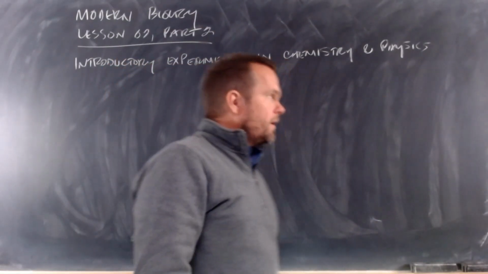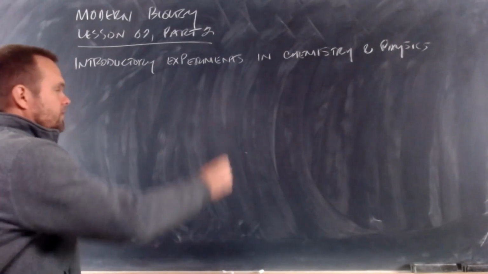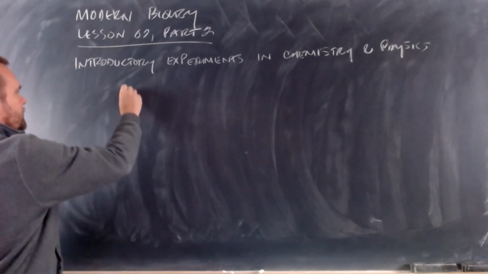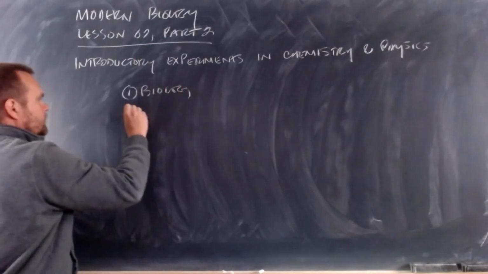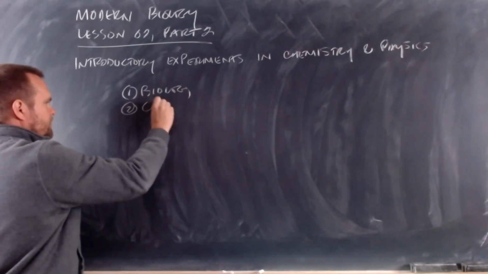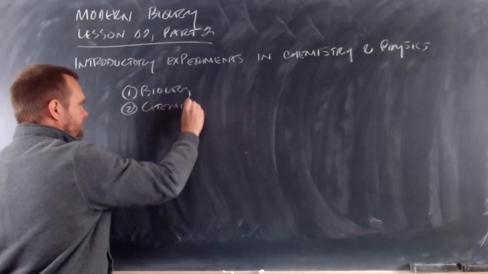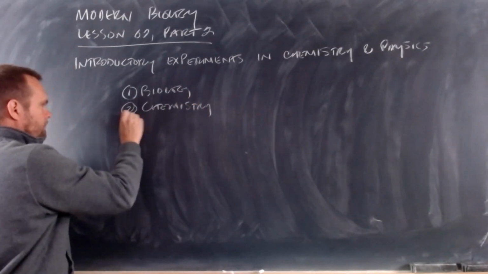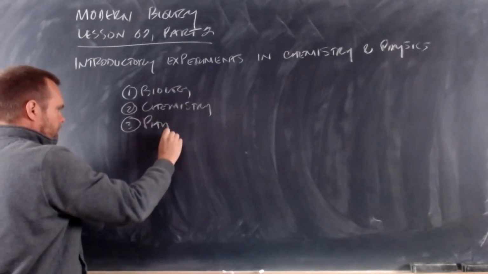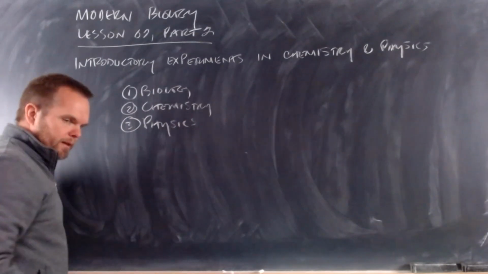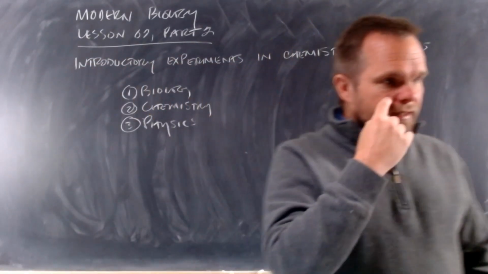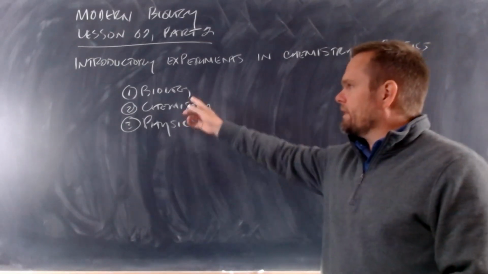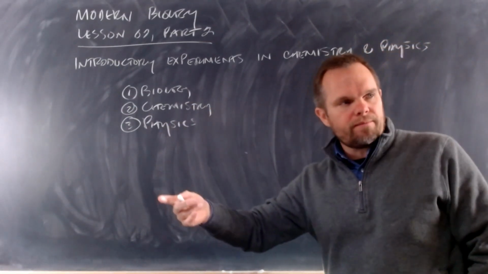The reason why we're talking about chemistry and physics is because I said that the three high school sciences are biology, chemistry, and physics. And I said that different schools teach these in different orders.